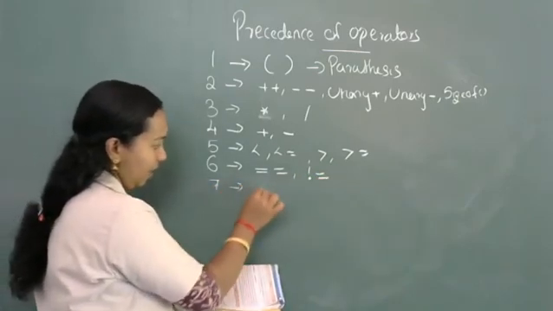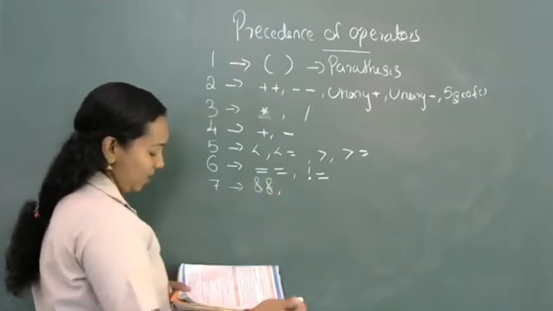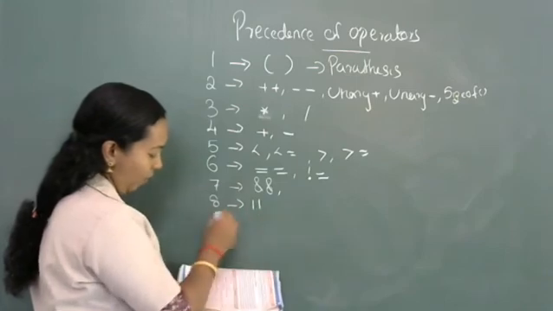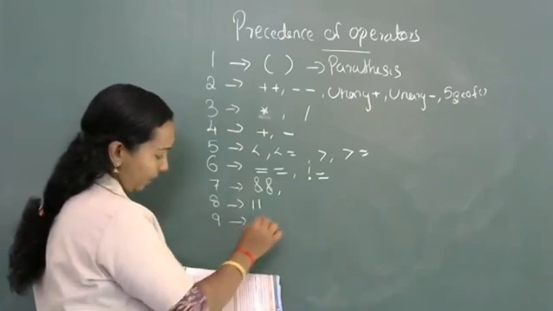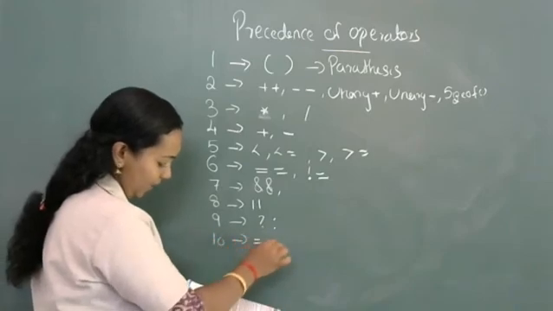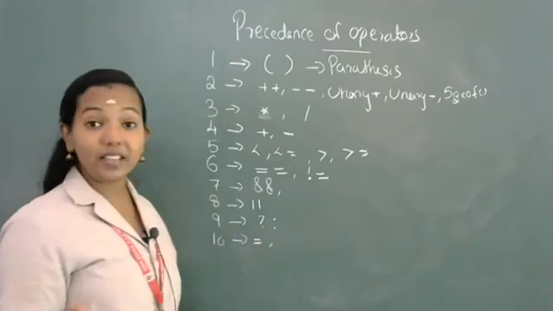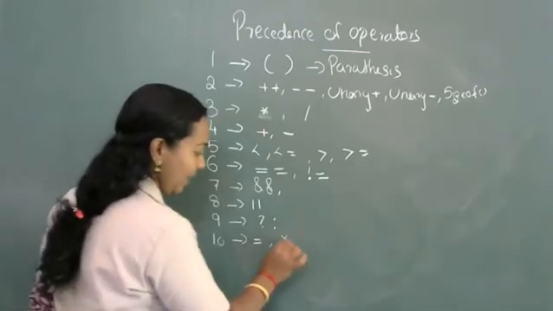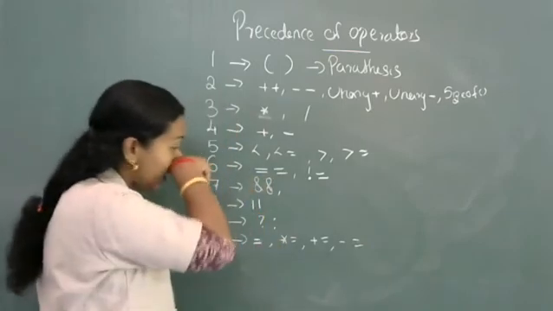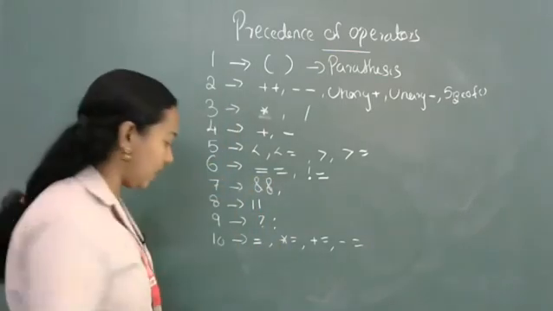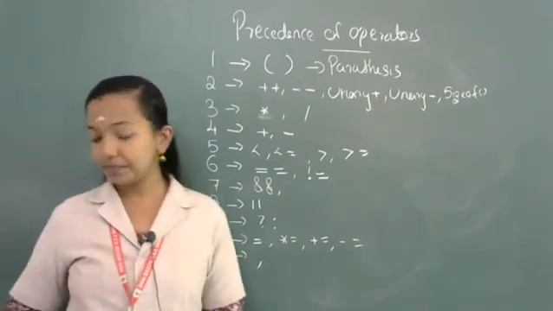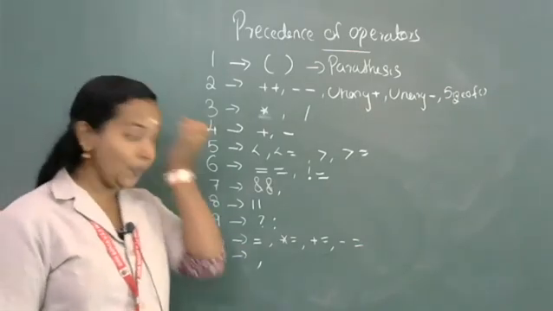Seventh, double ampersand for logical and. Eighth priority is logical or. Ninth priority is the conditional operator. Tenth priority is the assignment operator, and all the arithmetic assignment operators like star equal to, plus equal to, minus equal to. Last one is comma.